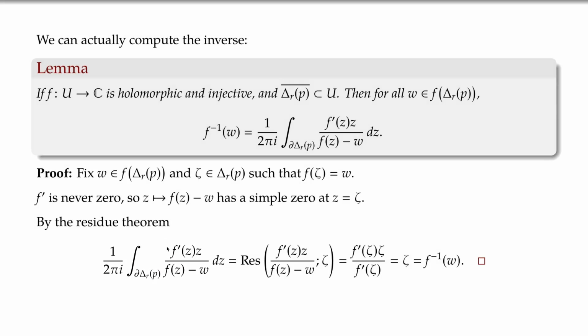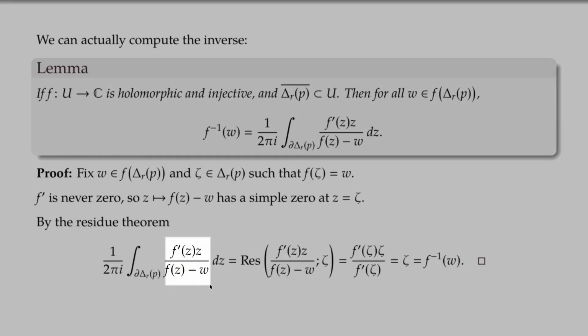What's inside this integral is going to have a simple pole at zeta, and it's not going to have any other singularities, because that's the only 0 of the denominator, right?